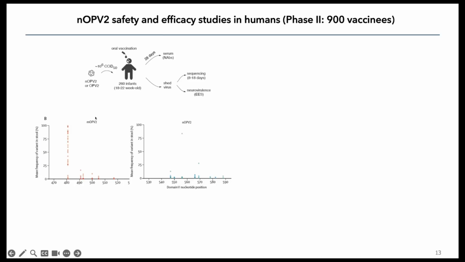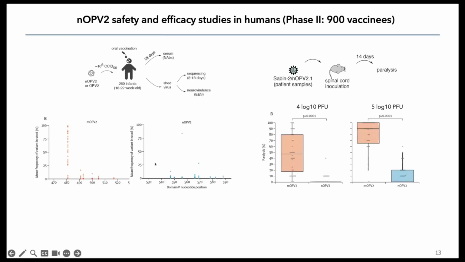And you can see that if you compare mOPV2, there are many individuals sharing a large proportion of viruses which contain the mutation in 481 and a few other mutations, whereas this is not observed in nOPV2.